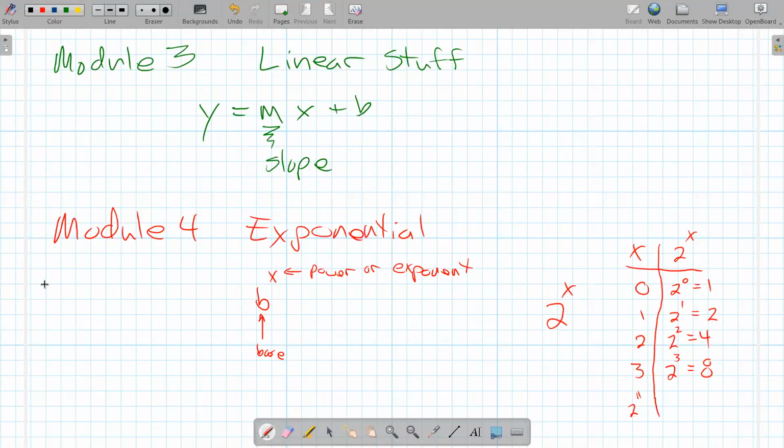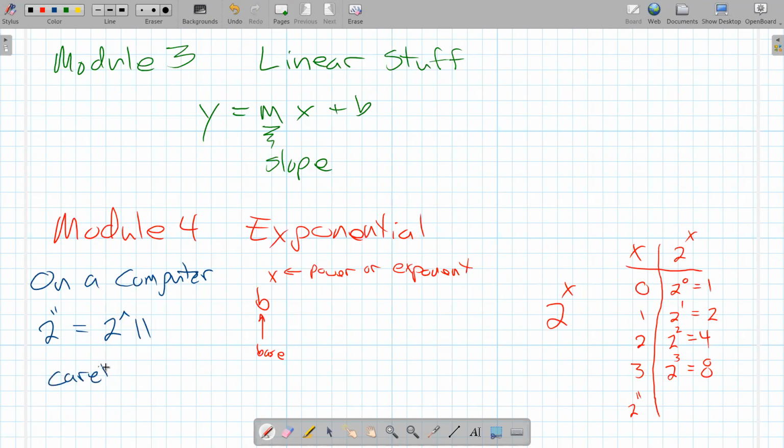To do powers on a computer, something like 2 to the 11th power could be typed as 2, that caret key, that hat there, and then whatever power, like 11. On most keyboards, it's above the 6 key, so it would be Shift 6 to get that.